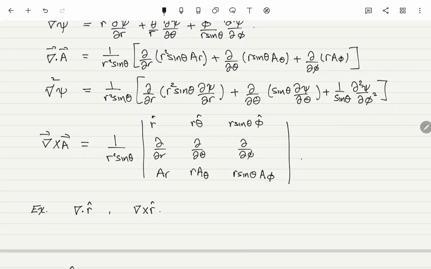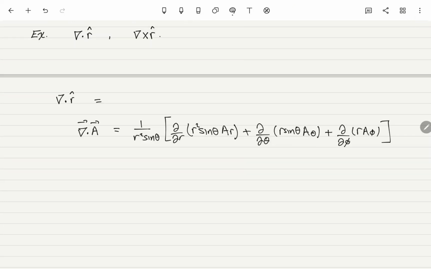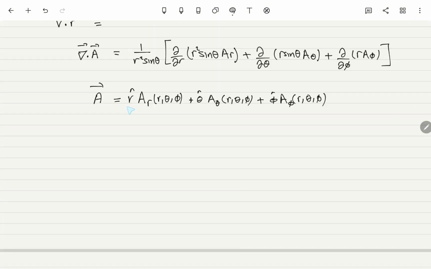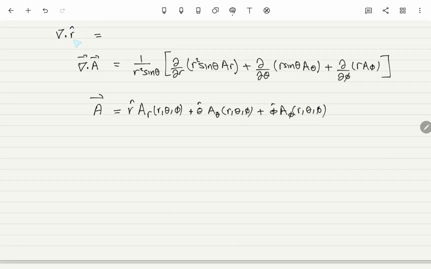I'll just rewrite it. Now, in our case, we are interested in divergence r hat. If we go back to the original vector A, we are interested in r hat here.